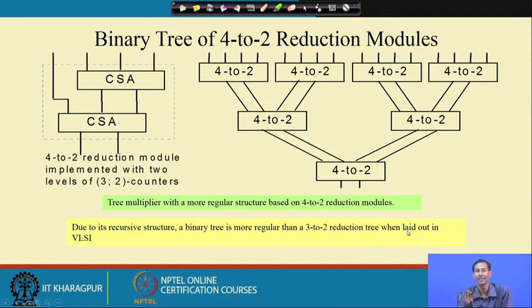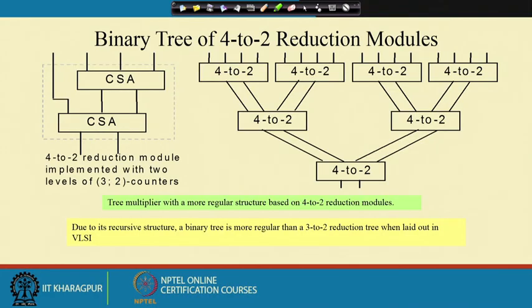Whatever we are doing in the Wallace tree and adder tree is either 2:2 or 3:2, that means we are using the carry save adder. 3:2 means we consume 3 inputs and produce 2 outputs, which is basically the full adder cell, and in the half adder cell, 2:2 means 2 inputs and 2 outputs. But here, whenever we are considering the multiples, we consider a combination of 4, and this gives me a regular structure.